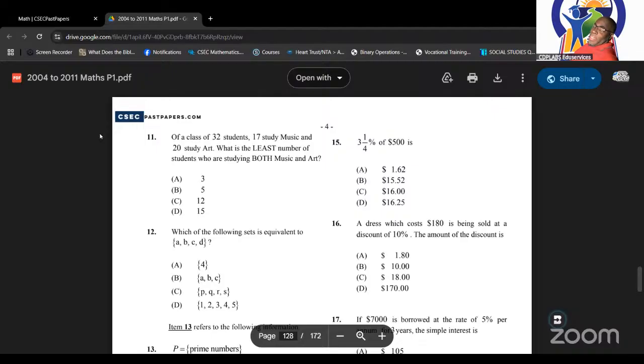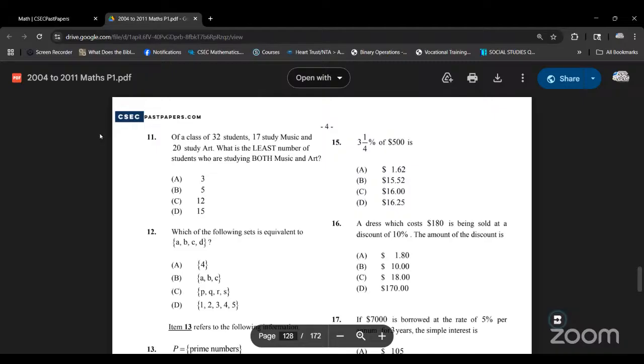So if 1% is 5, how much would 3% be? Percent of 500. How much? 15. So which answer is most likely to be the correct answer?